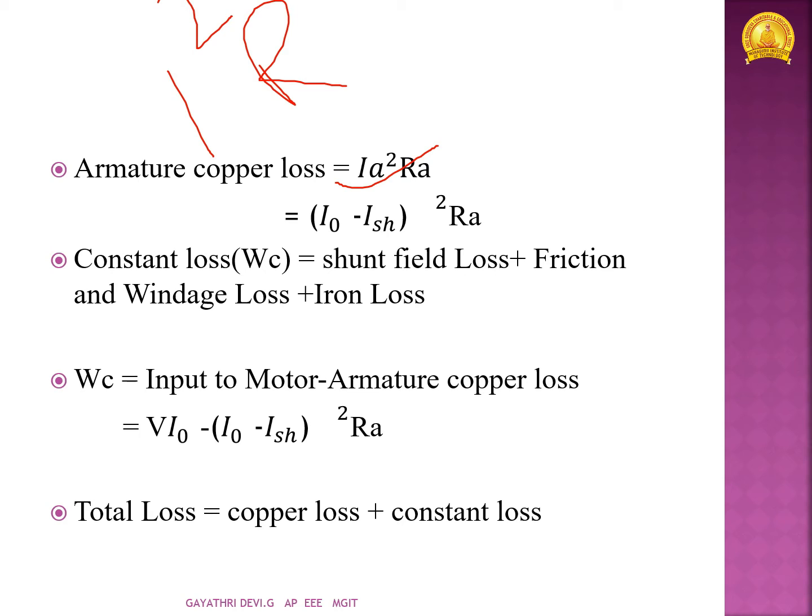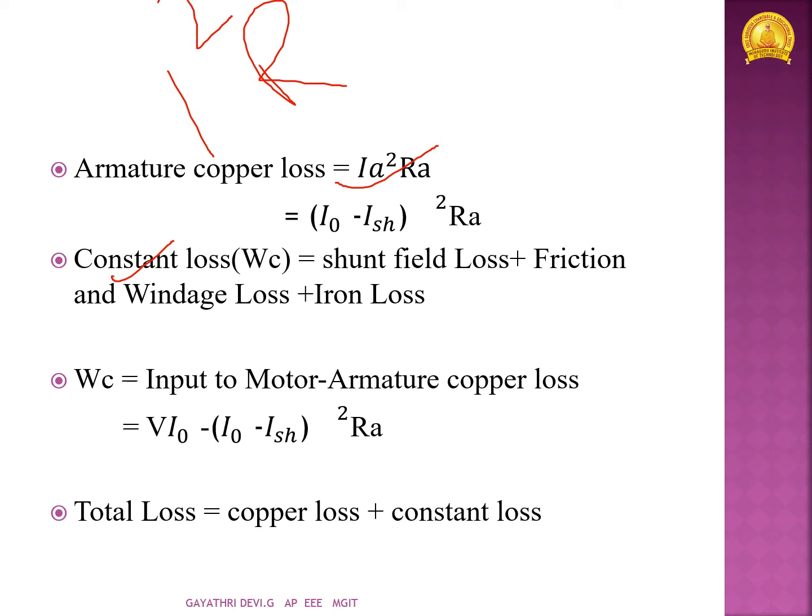So the armature copper loss can be written as (I0 minus ISH) square into Ra. Then again we are determining the constant loss. Mainly constant loss is the sum or combination of the shunt field loss, iron loss and frictional windage loss.